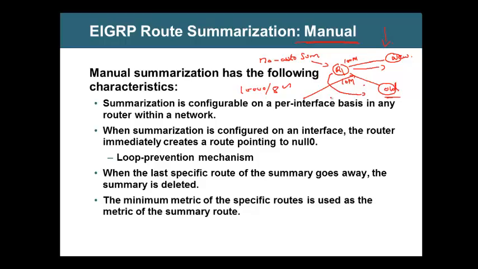But without having the route in the routing table, EIGRP cannot advertise something without seeing it in the routing table. For that, it creates a route, the summary route, pointing towards the null interface.